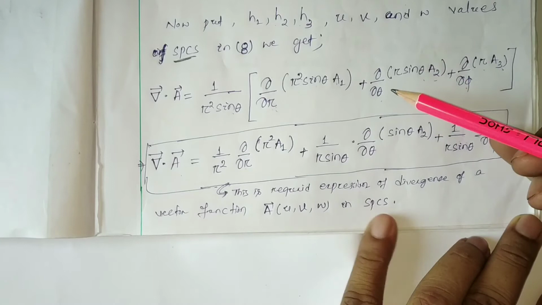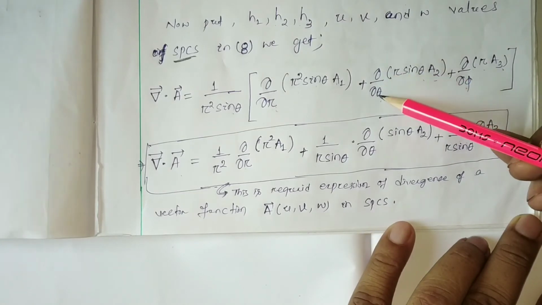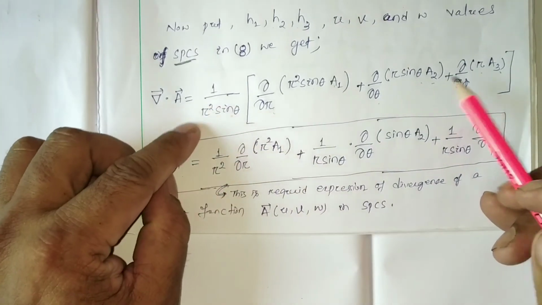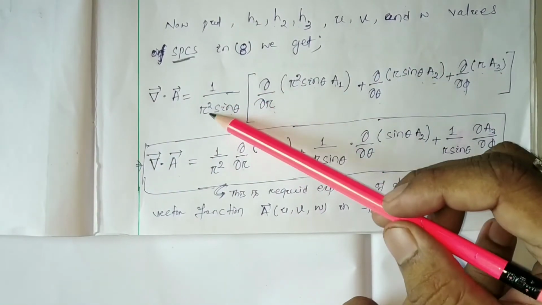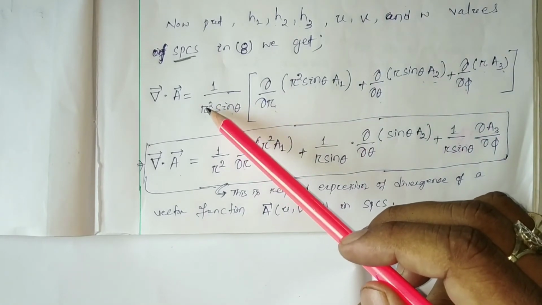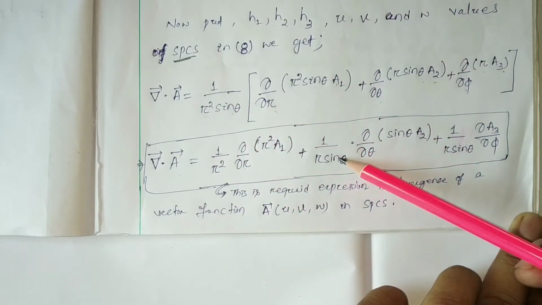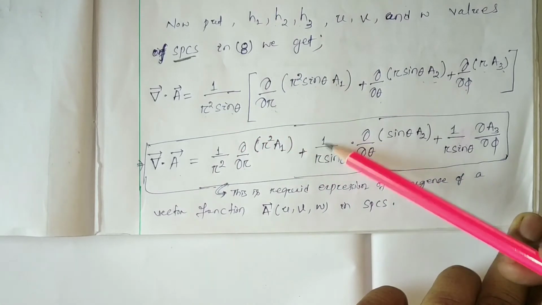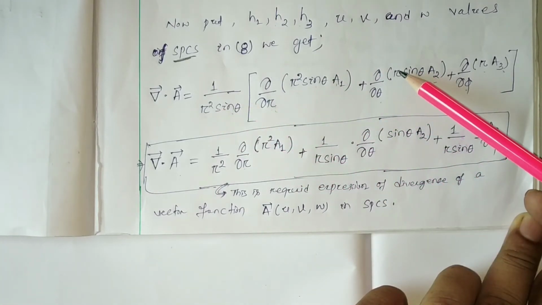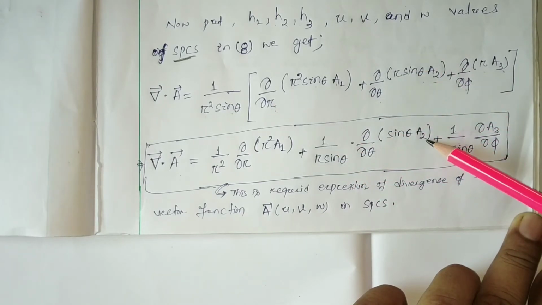Here you can see this is del by del theta of r sin theta, so here r is constant, so when it is multiplied with 1 by r square sin theta, r can be taken outside and cancelled with one r, so it will be 1 by r sin theta, del by del theta of sin theta a2.